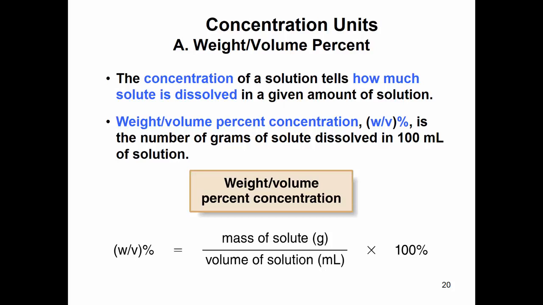If it's weight volume, we need units of grams and volume in milliliters. The key here is knowing your formula and your units. We take grams of the solute, present in the smallest amount, over volume of the solution, times 100, and that gives us a weight volume percentage.